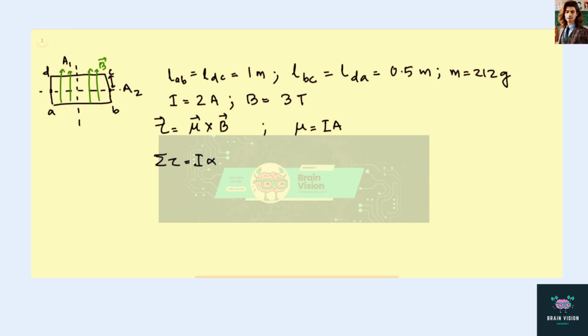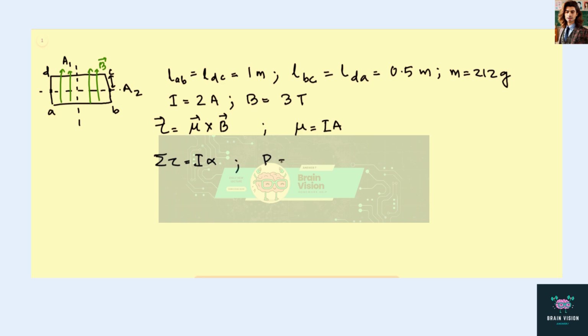Since the coil is uniform, the mass of each segment is proportional to its fraction of the total perimeter of the coil. So each 1 meter segment is one third of the total perimeter. Let's find the total perimeter first.